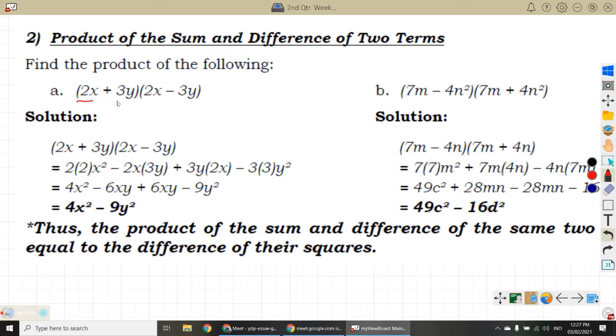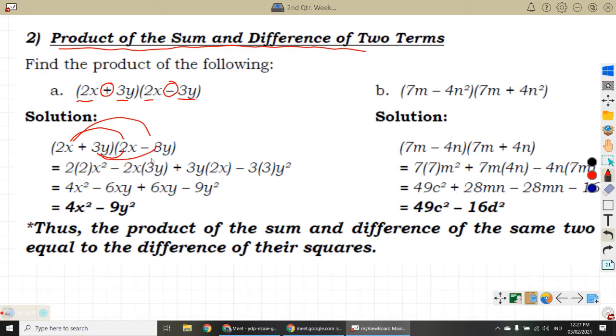Pero this time, sa ating second special product, magkaparehas na magkaparehas. Saan kaya nagkaiba? By observation. So, nagkaiba siya saan? Sa operation. Isang addition, isang subtraction. So, madali lang ito, no? Now, nung kanyang ginamit ang horizontal method, okay, ayan.